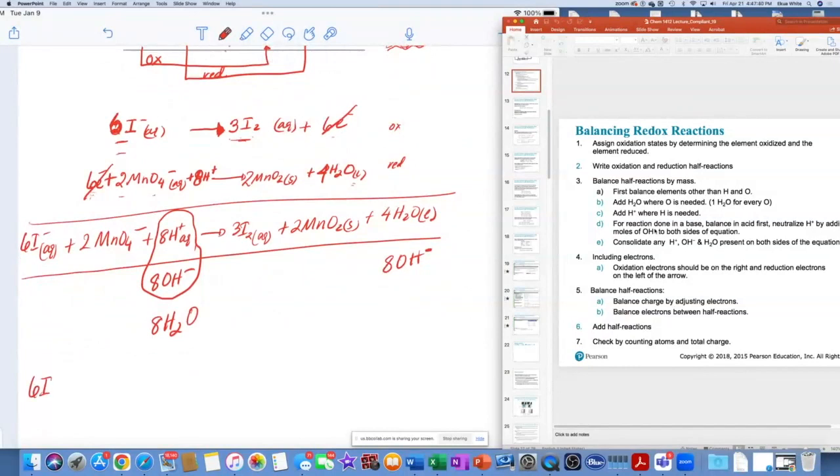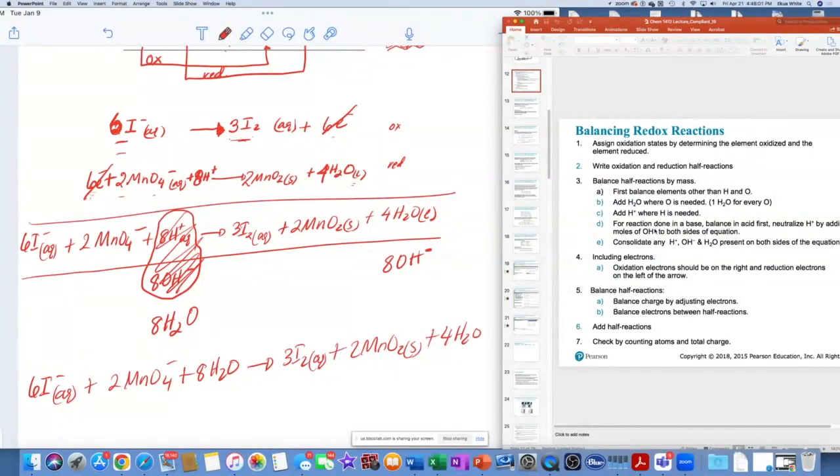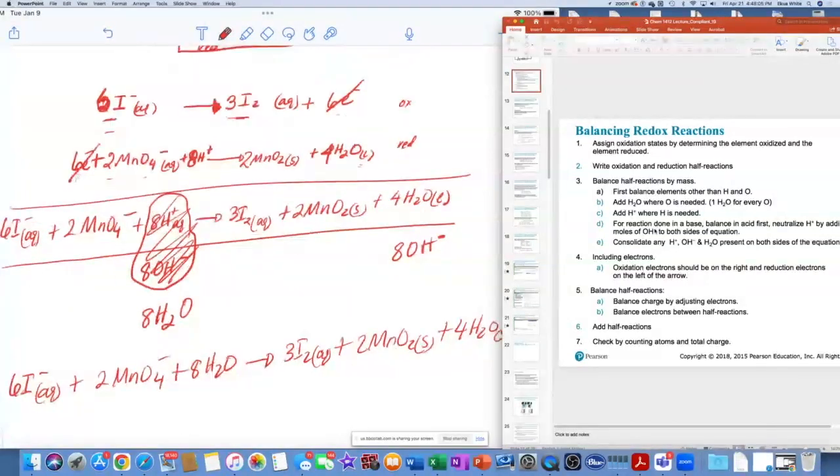So now we have 6I minus (aq) plus 2MnO4 minus. These consolidate to form water, so plus 8 waters to give us 3I2 plus 2MnO2 plus 4H2O plus 8OH minus.